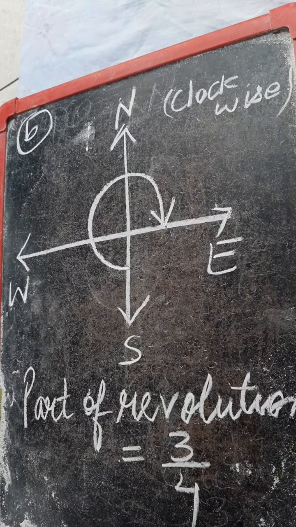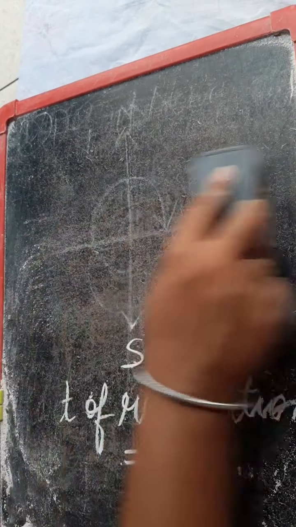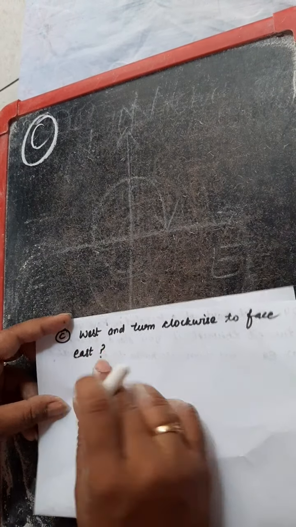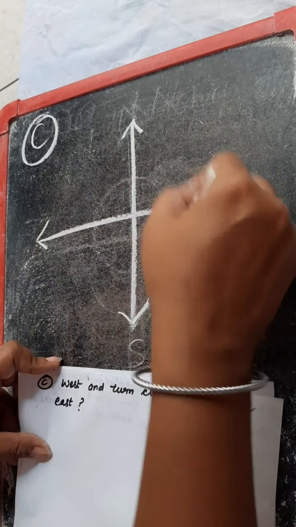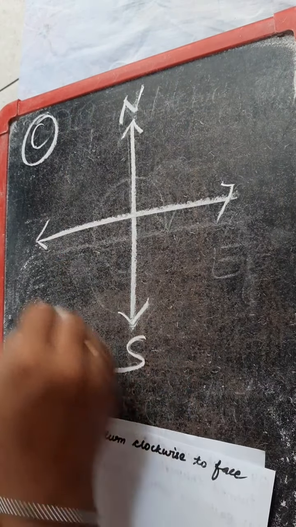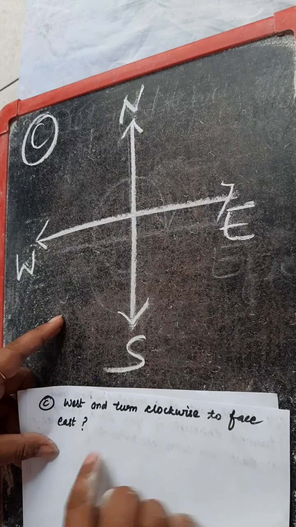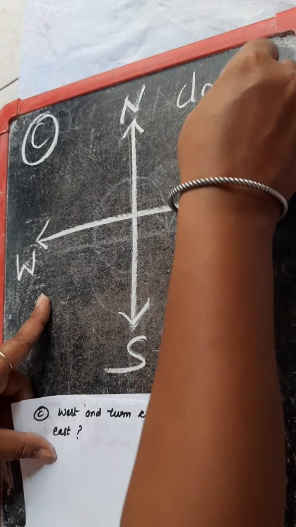Now next part I have C part. Now you have to start from west and turn clockwise to face east. In this also we have to move clockwise.